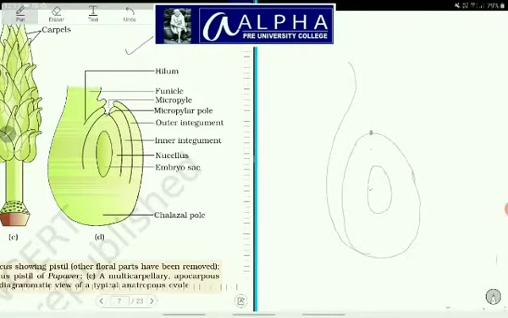And then I draw a line covering the upper part of the inner oval structure like this. Okay, and then on either side of the point which I have marked, I will write like this.